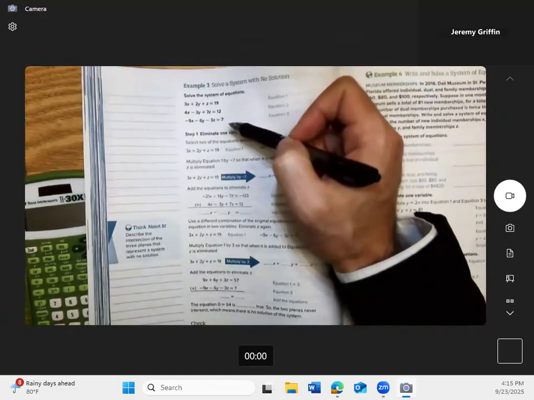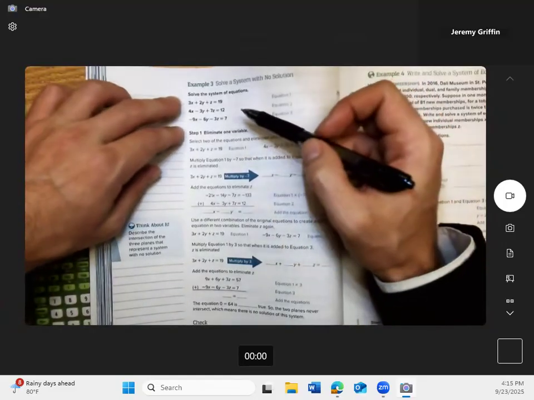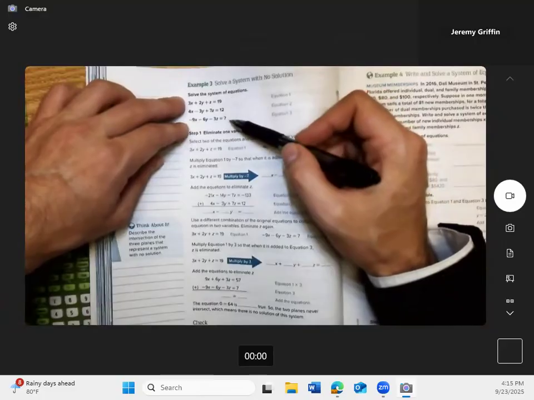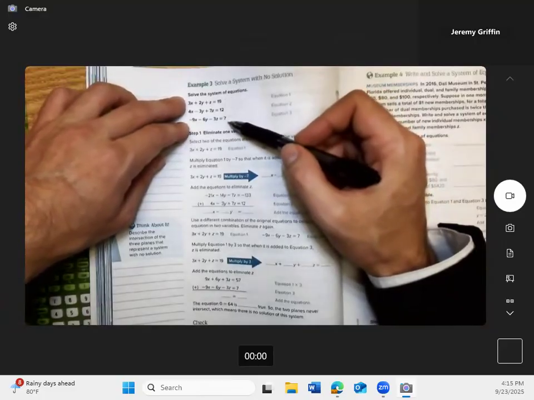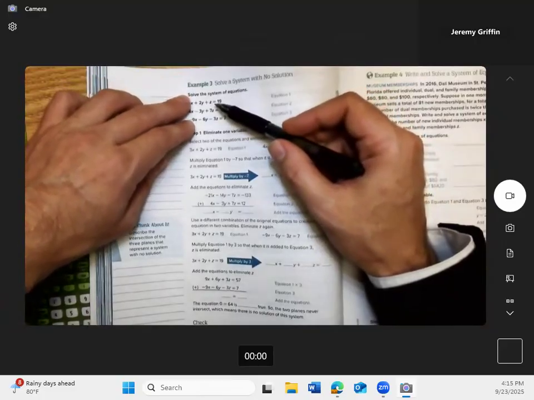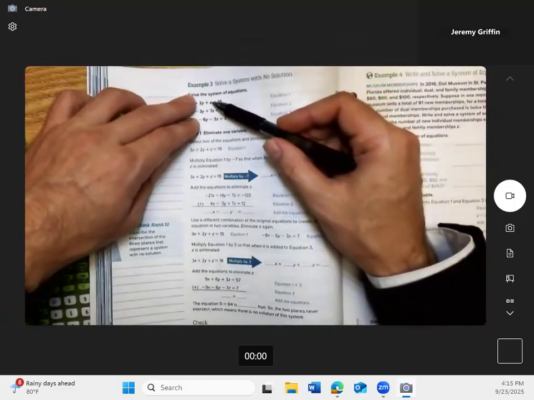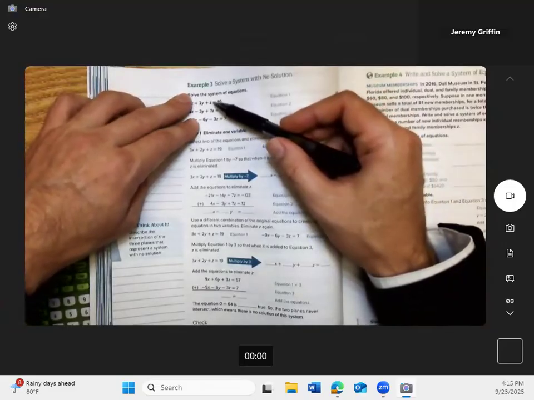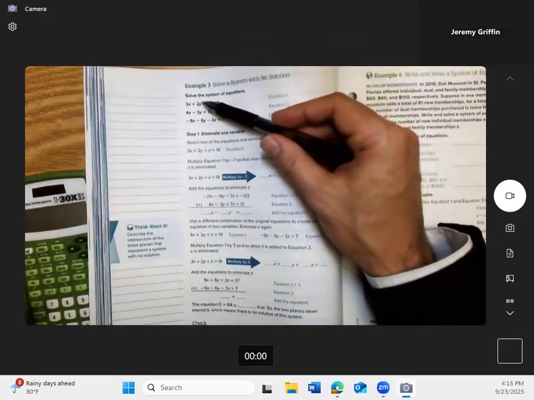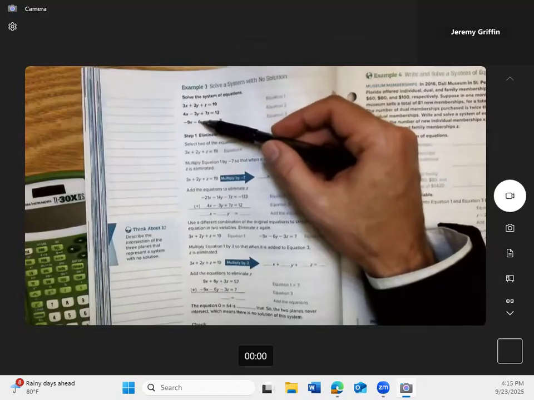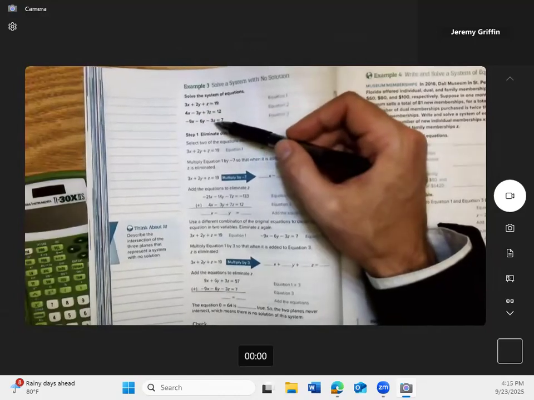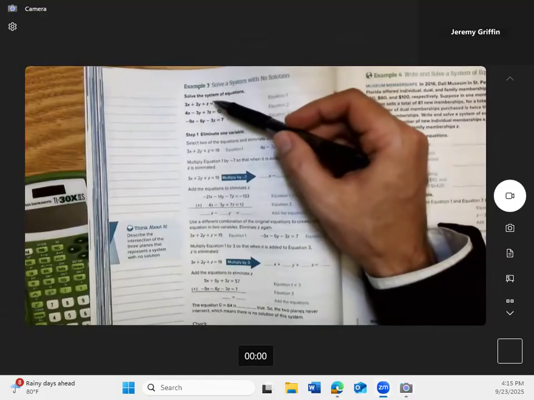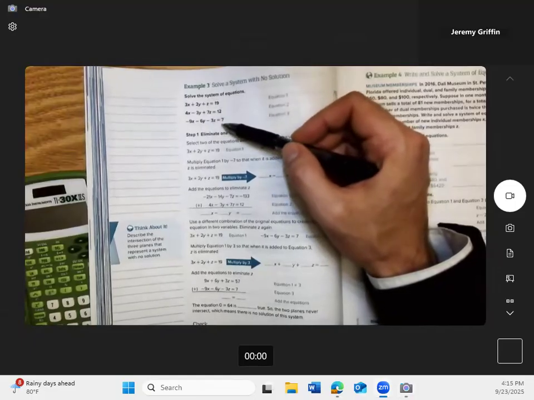I suspect it might be the first and the third. The reason I'm thinking that is because I'm looking at the ratio of the coefficients in front of the y and the z. You see how 2 times -3 is -6, and 1 times -3 is -3. So that's making me think that equations 1 and 3 might be parallel to each other.